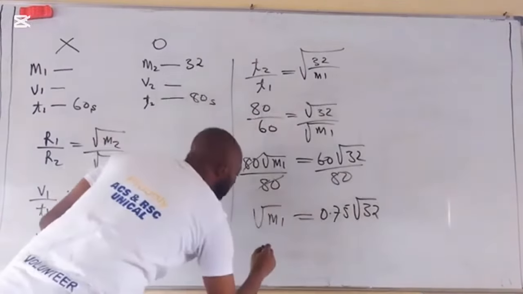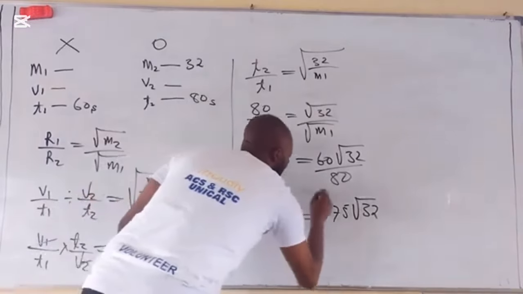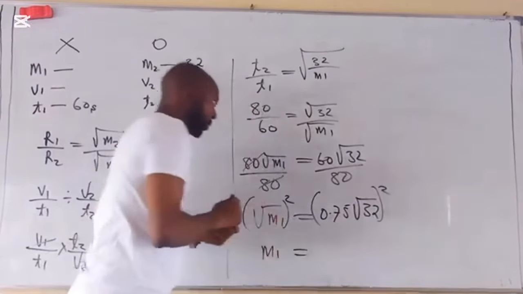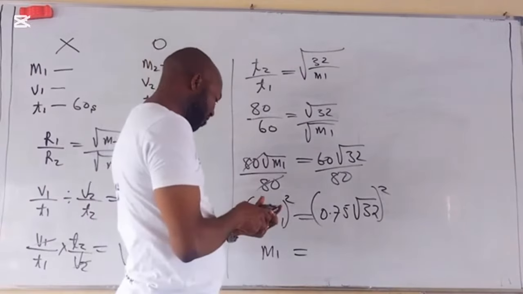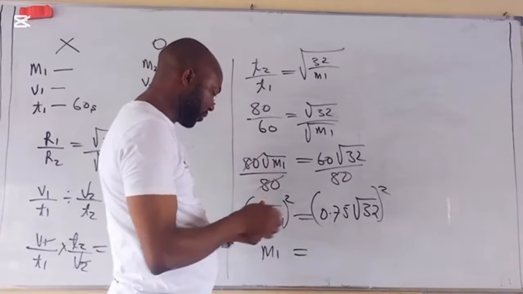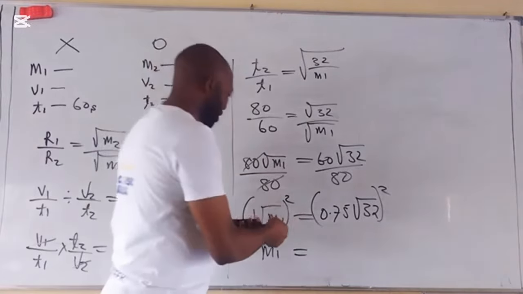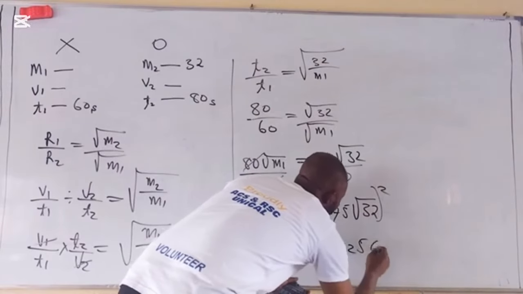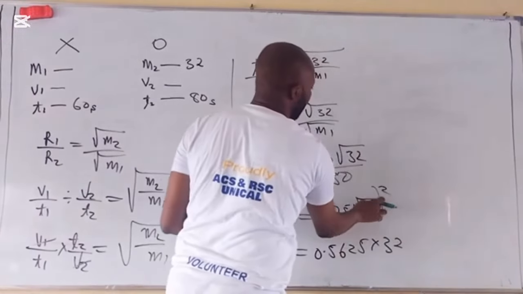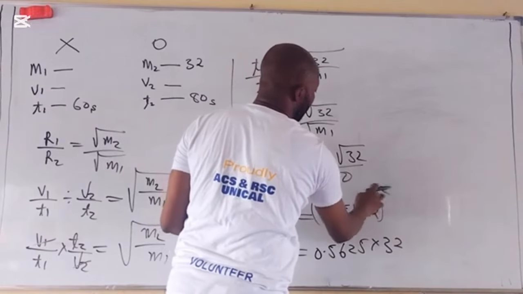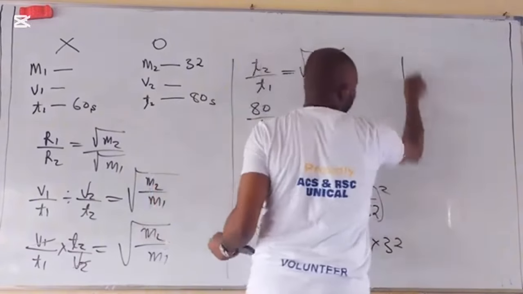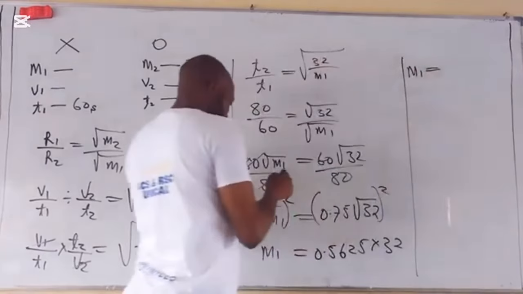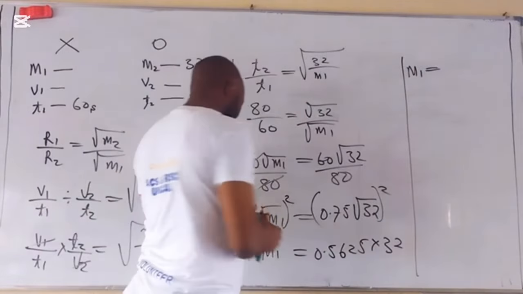To remove this root, I square both sides. So I have my M1 is equals to 0.75 squared, give me 0.5625 times 32, because the square of the root of 32 is 32. So my M1 finally becomes this times 32.